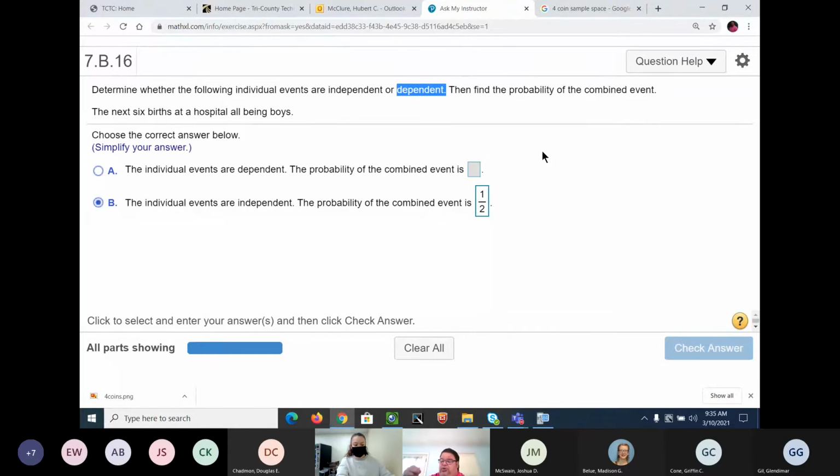In other words, when you're dealing with a boy, boy, boy, girl, girl, girl type question in math, it is always going to be independent because you can't reverse the process at birth. Okay? I hope I said that without offending anybody. Anyway, let's go with independent.